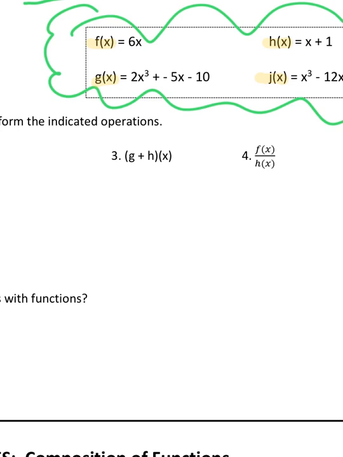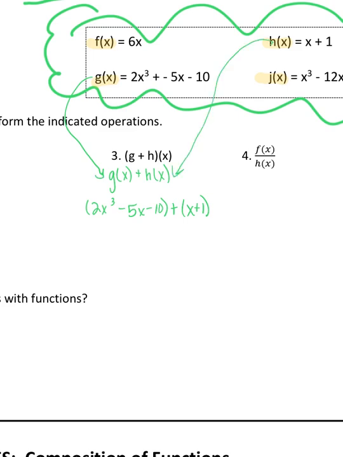Okay, in example number 3, the function is g plus h of x, which is the same as g of x plus h of x. All right, so we're going to take the function g of x, and to protect it, we'll put it in parentheses, 2x cubed minus 5x minus 10 plus h of x, and to protect it, we'll put it in parentheses, x plus 1 for h of x. So all I'm doing is substituting in the expressions for my g of x and my h of x with an addition sign in between.